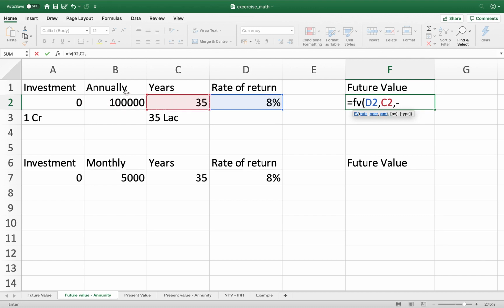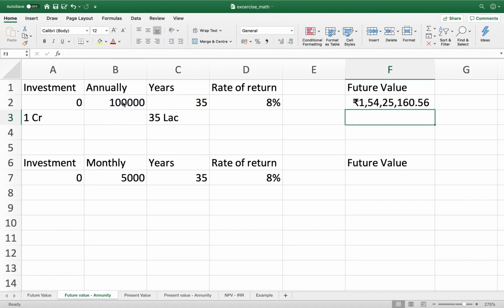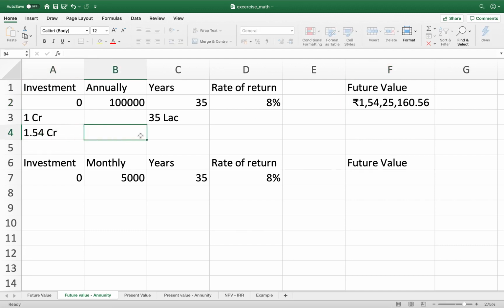Since every year you are giving money, you put a negative sign here, and then you will calculate that the future value of that investment is actually 1 crore 54 lakh, about 1.5 crore.